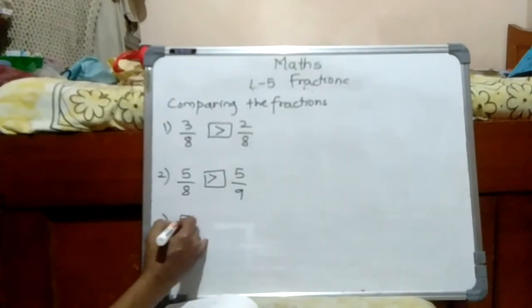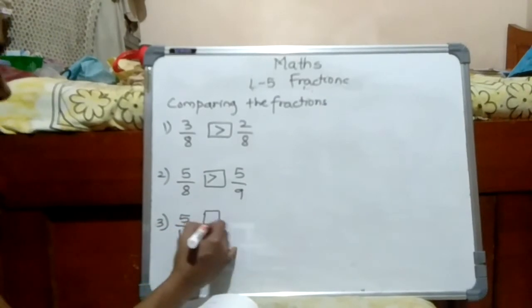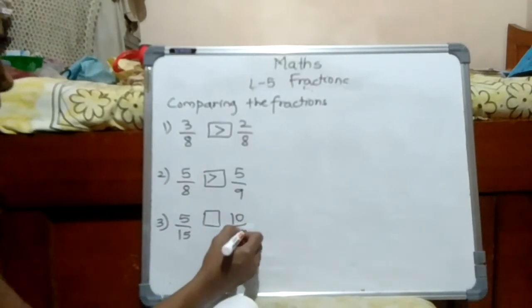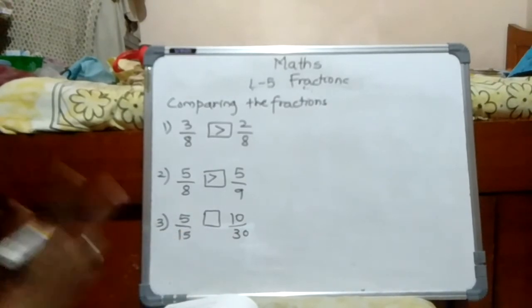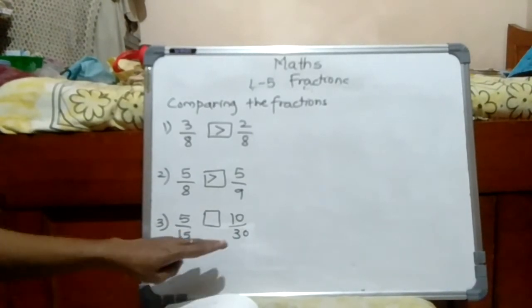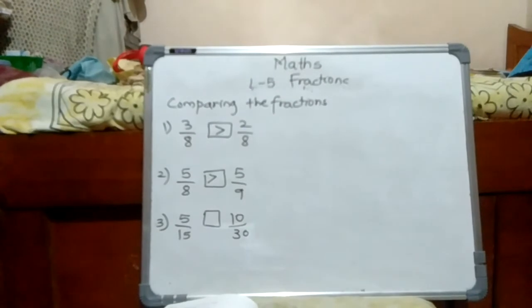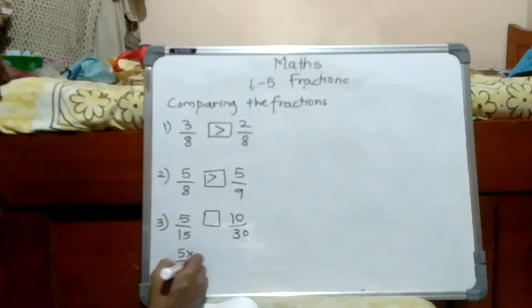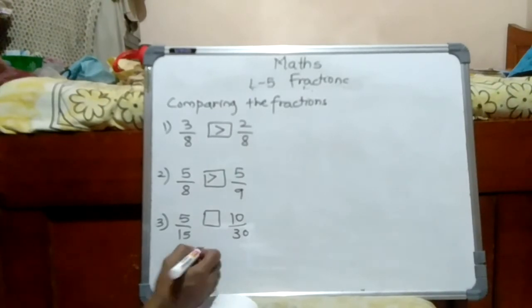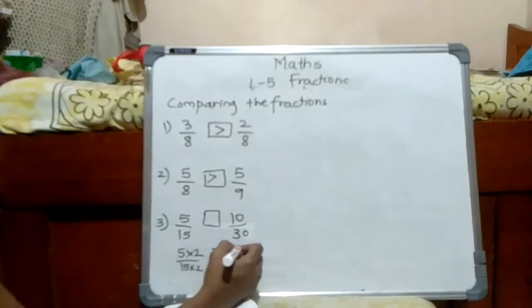One more concept we will see: 5 upon 15, 10 upon 30. Now we know 15 goes in 30 how many times? 2 times. In this way, first we will convert them into like fractions. So 15 twos are 30, 5 twos are 10, 10 upon 30.